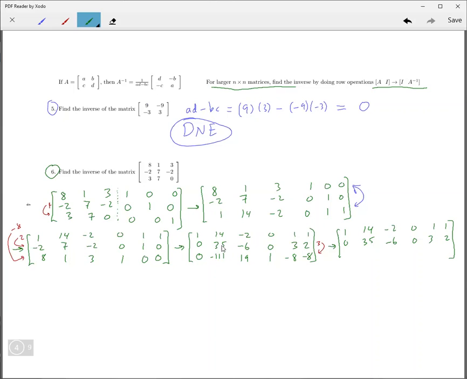Okay, so 3 times 35 is 105. Plus, minus 111 would be negative 6. Okay. Then 3 times negative 6 is negative 18, plus 19 is 1. And 3 times 2 is 6, minus 8 is negative 2.